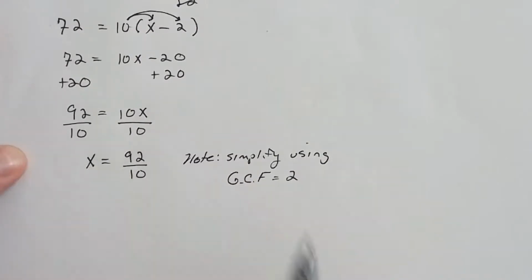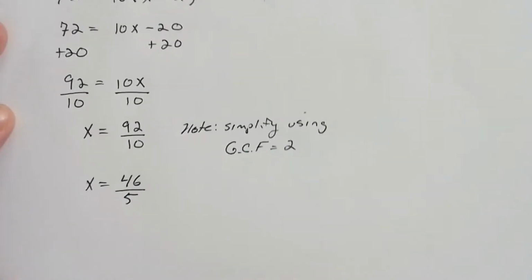So 2 into the top is going to be 46 over 5. And that's it. And we're done.